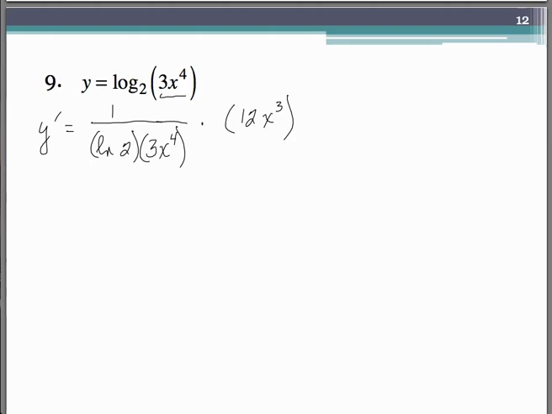We can cross-cancel the 3 with the 12, and we can cancel the x cubed with one of these. So in the end, we have a 4 up in the numerator over natural log of 2. And you do have this one single x left over.